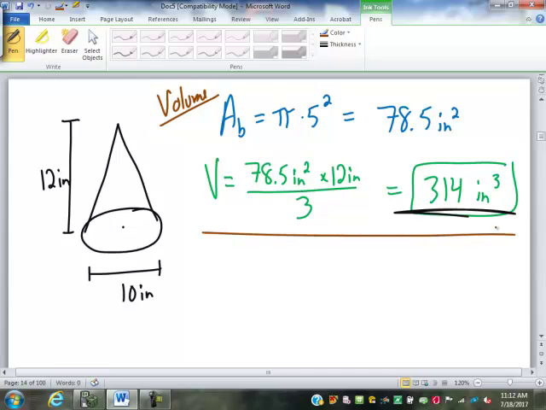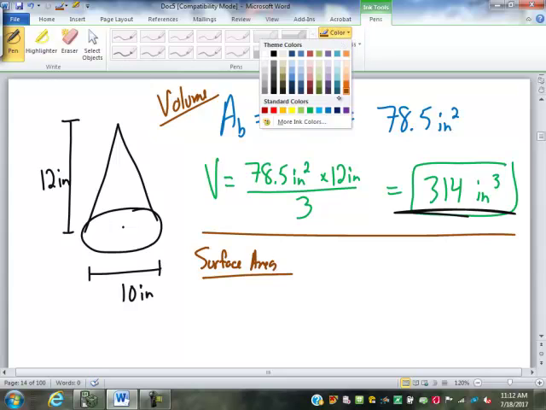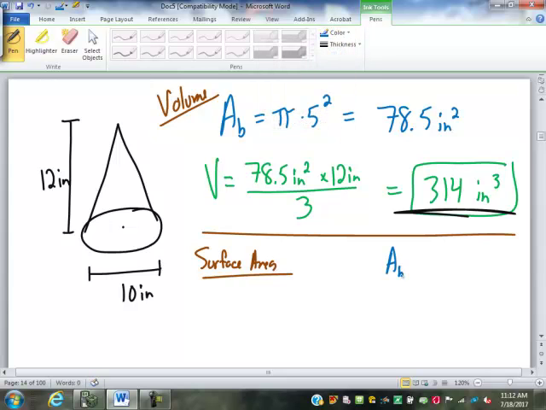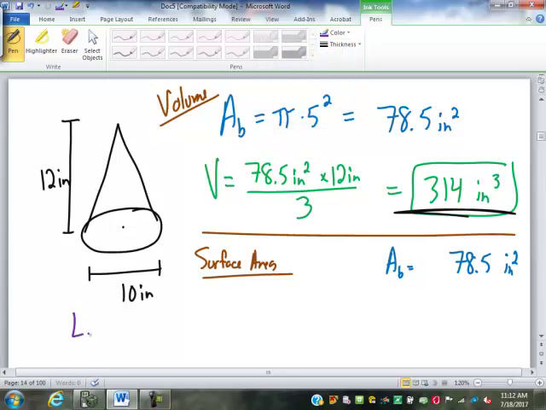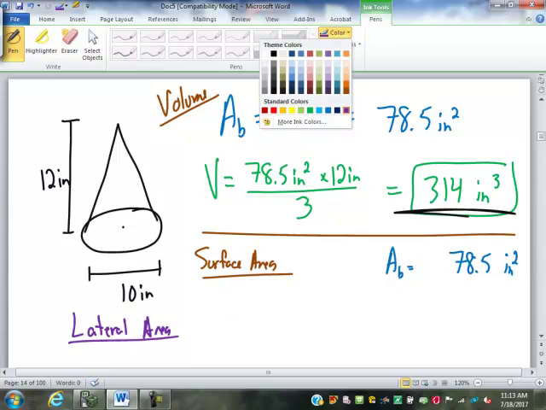Surface area. We have the area of our base still, 78.5 square inches. We need to find our lateral area. What do we need to know to find the lateral area?